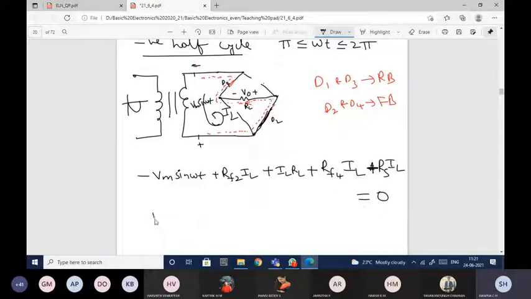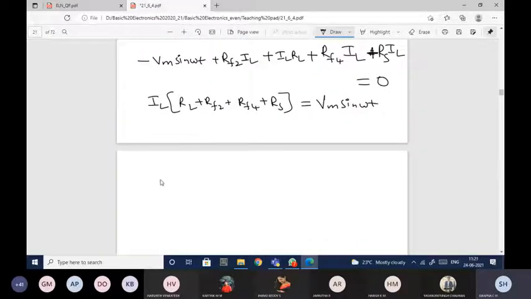So again rearrange the terms: IL into (RL plus Rf2 plus Rf4 plus RS) is equal to Vm sin omega t, or IL is equal to Vm by (RL plus Rf2 plus Rf4 plus RS) into sin omega t.